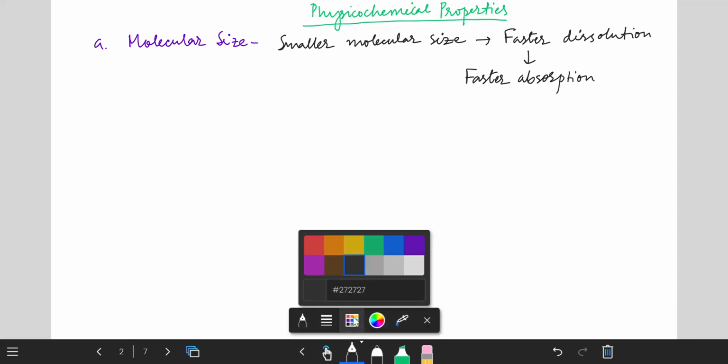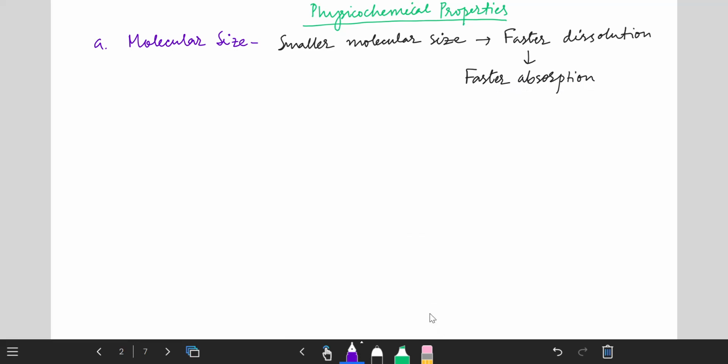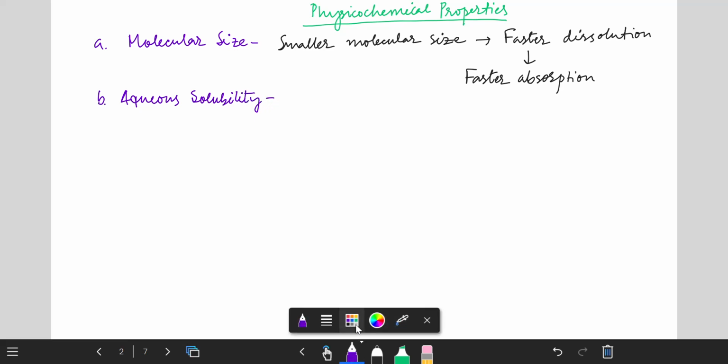Coming to the next point, that is aqueous solubility. To understand aqueous solubility, we need to think that if a compound shows poor aqueous solubility, obviously it will show poor absorption through the oral route, and thus it will affect the bioavailability or show poor bioavailability.